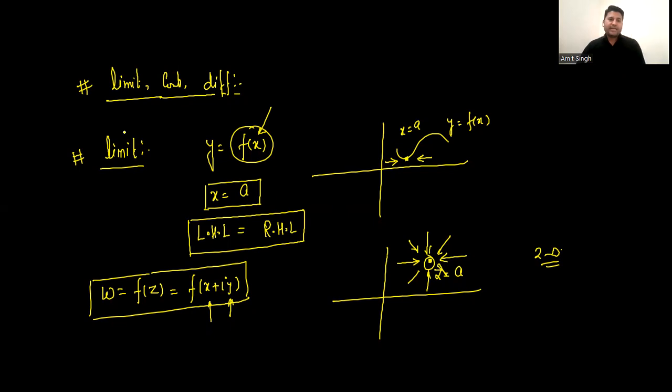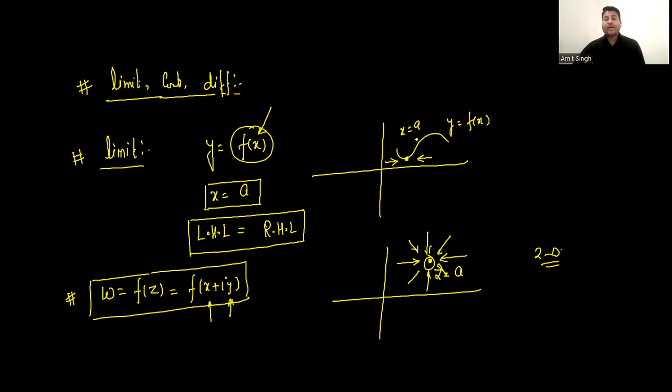This is the difference for limits between a function of one variable, that is a real function, and a function of two variables, that is the complex function. In a function of a real variable, we only need to find the left hand as well as the right hand limit. But in the case of a complex function, we need to approach the point from every possible direction.